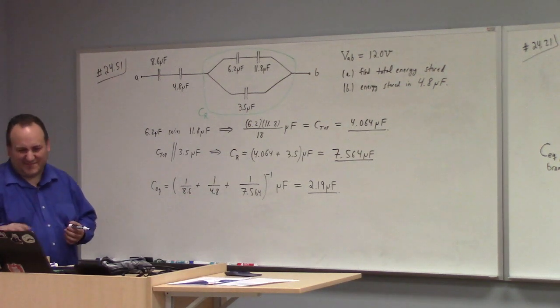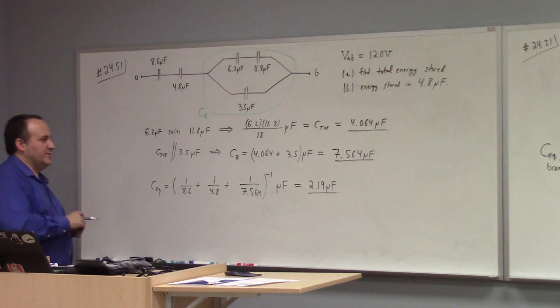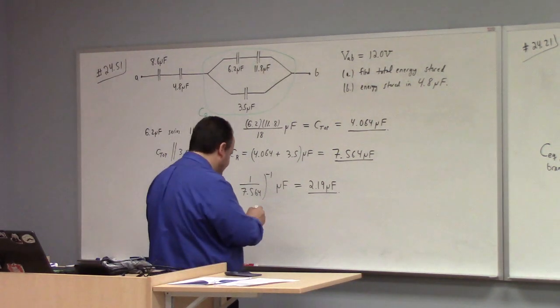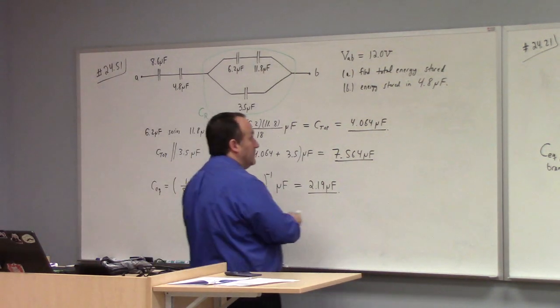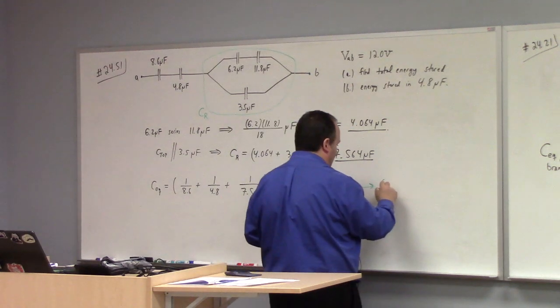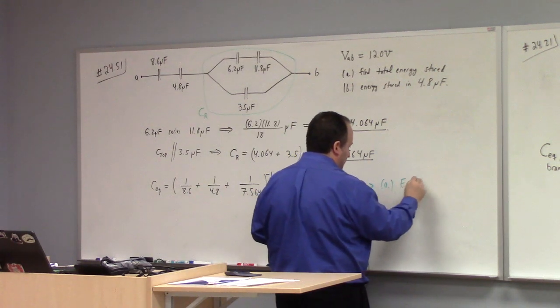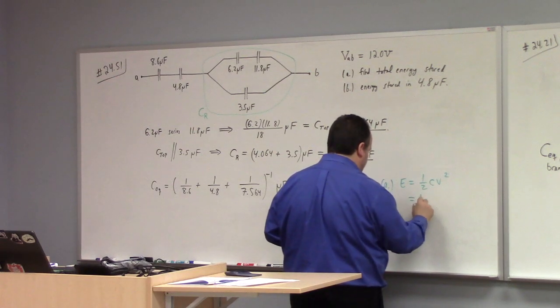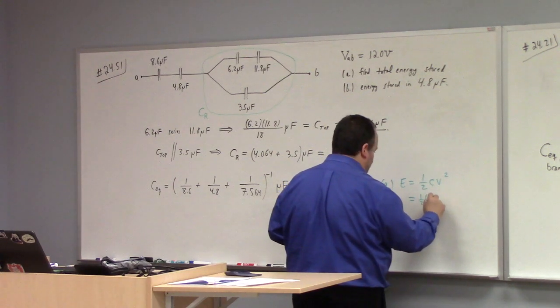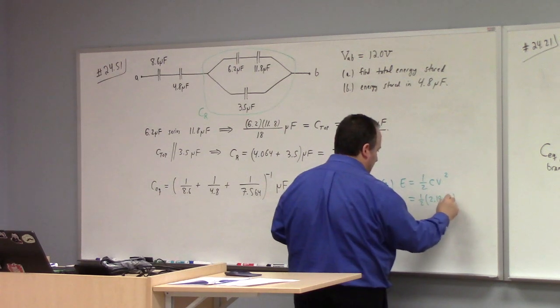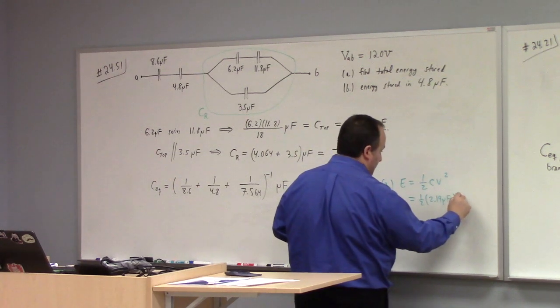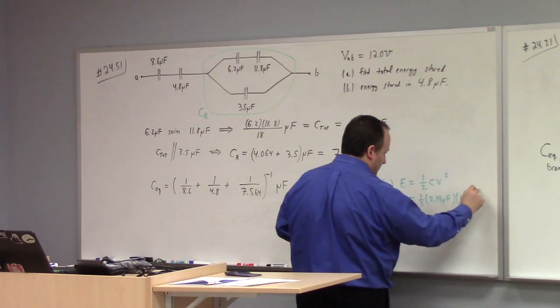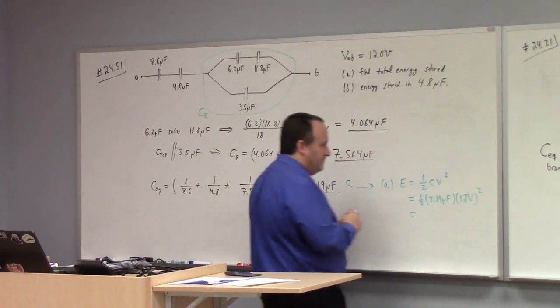So to do part A, the energy is 1/2 CV squared, which is 1/2 times 2.19 microfarads times our 12 volts. Square that thing. What we got?